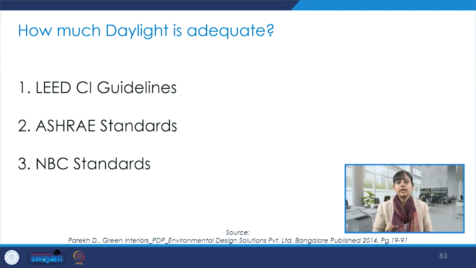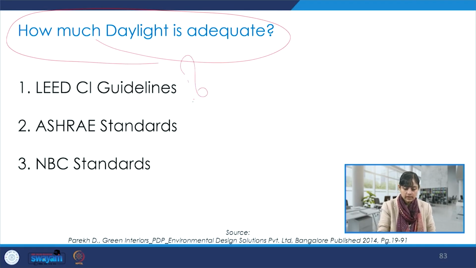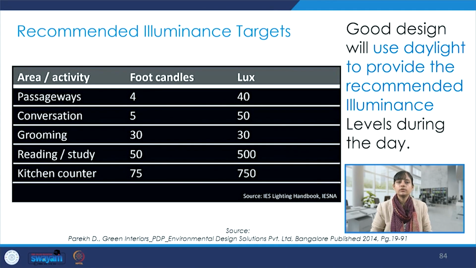So there are also guidelines and standards which help us understand how much daylight is adequate. There is LEED CI guideline, ASHRAE standards, NBC standards, the National Building Code. And there are some recommended illuminance targets which are also there, and we can refer to sources.